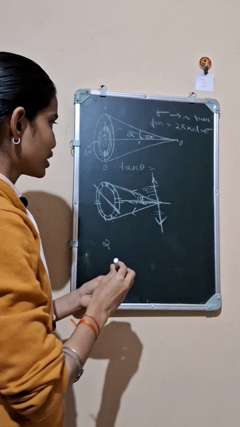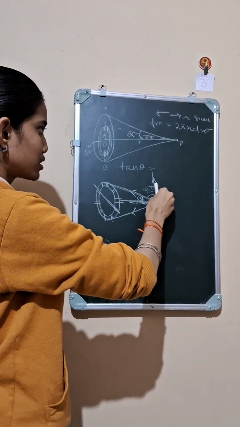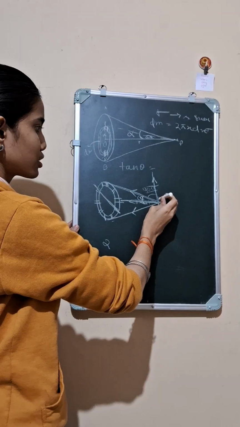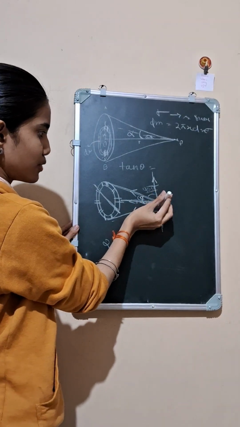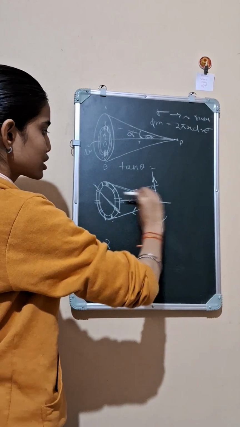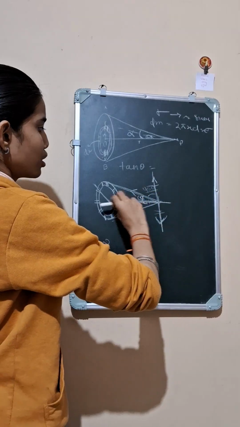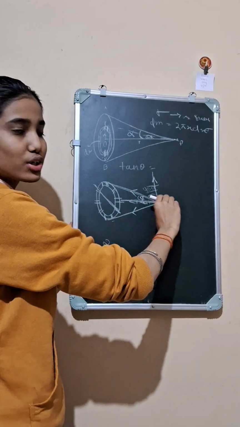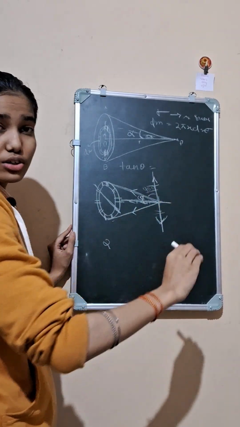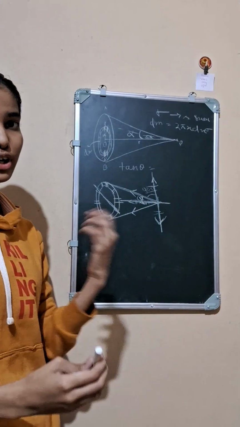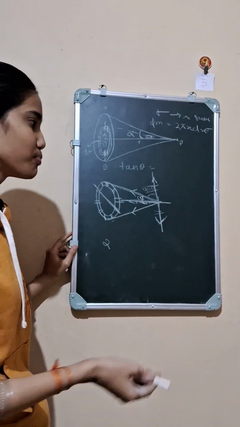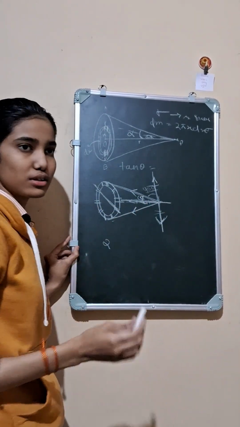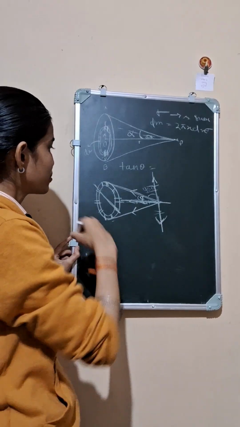Now this component is getting cancelled out, this and this, but this component will obviously add up because every component along the horizontal direction will attract, not repel. That's why only this horizontal component will add up.